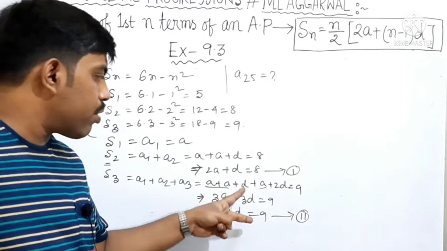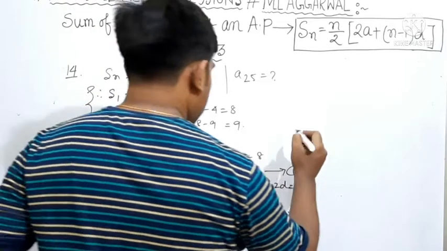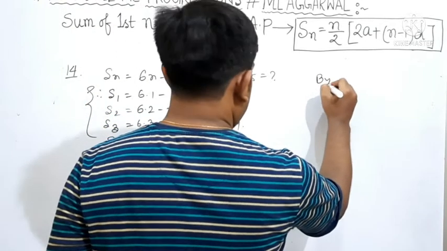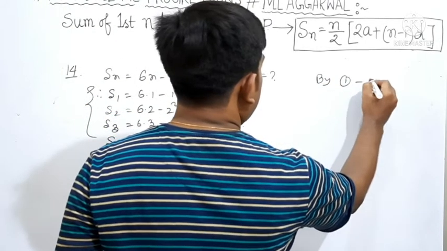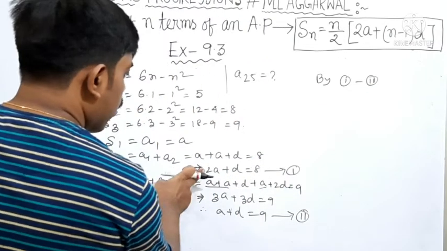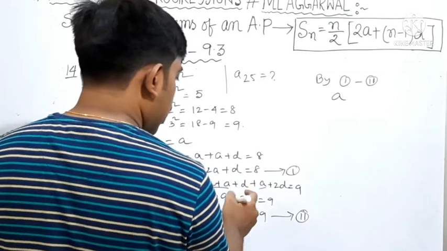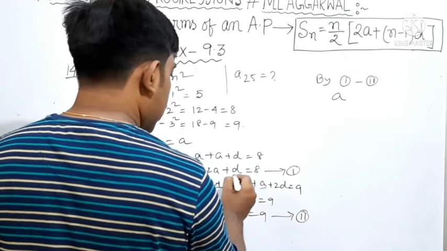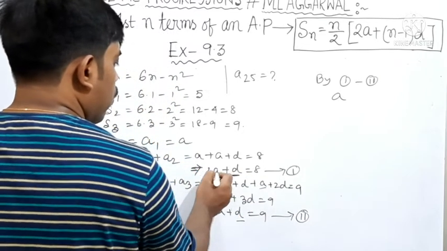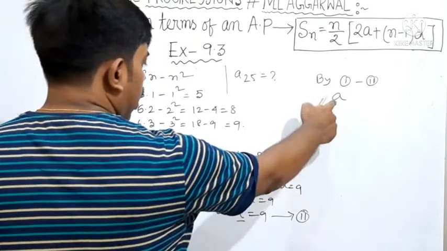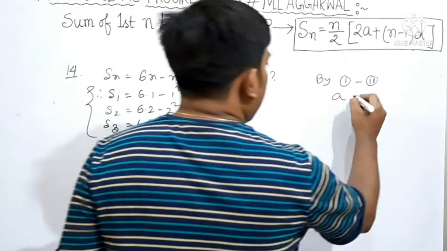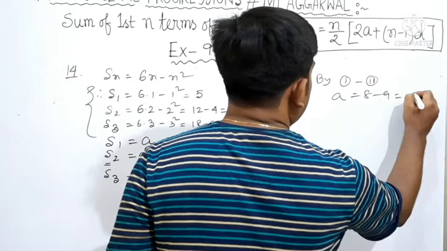And from the two equations, by subtracting 2 from 1, we get 2a minus a, which is a, and d minus d, which is 0. So a is equal to 8 minus 9, which is minus 1.